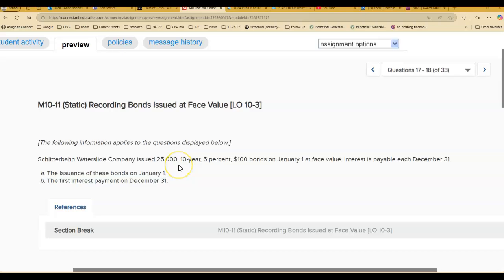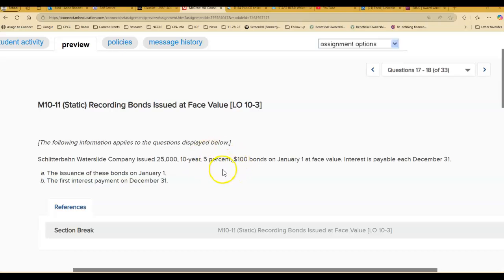Now, before we start, here's the one error that I see most often when we're talking about bonds. So, nail your feet to the floor on this one. The amount of interest that we are paying on these bonds, the actual cash payments, is the 5% times the stated value of the bond.